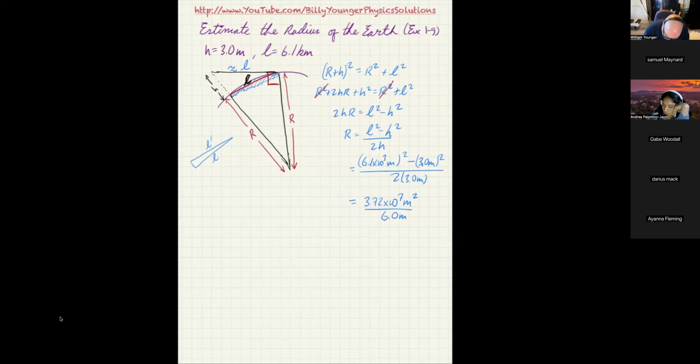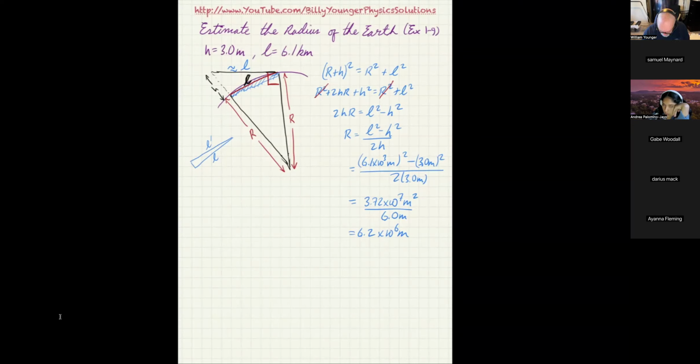And that gives me 6.2 times 10 to the 6 meters. So what we've just found is that the radius of the Earth is about 6 million meters.